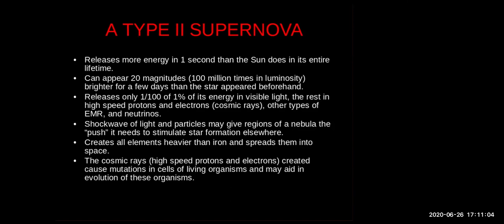So now, something else. Remember we said a supernova in the distance, very far away, might give a nebula the push it needs to stimulate star formation? So maybe write down it could help stars forming. So that's another thing it can do, we think. And again, it creates all these heavy elements and spreads them into space to create planets and life.